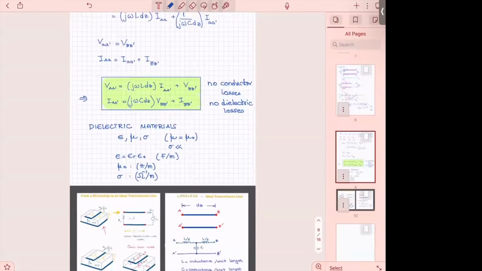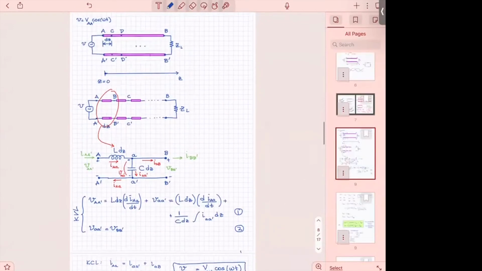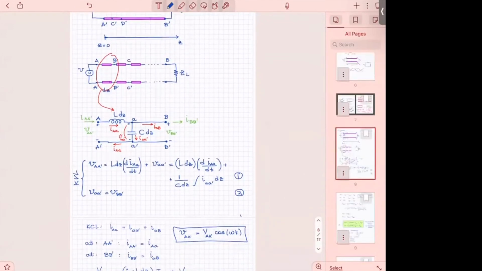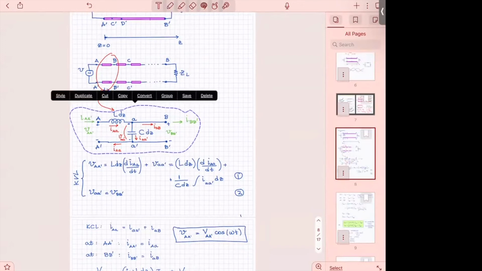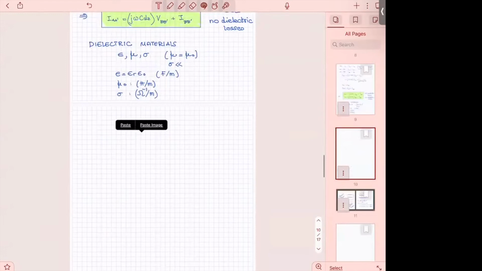then this changes a little bit. This one, I will rewrite, I will copy it. Copy. Paste.